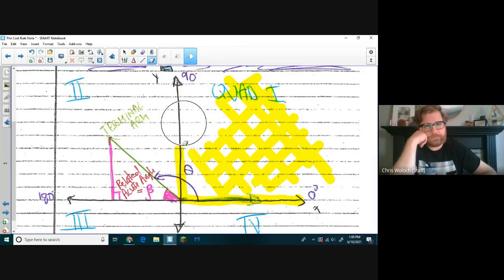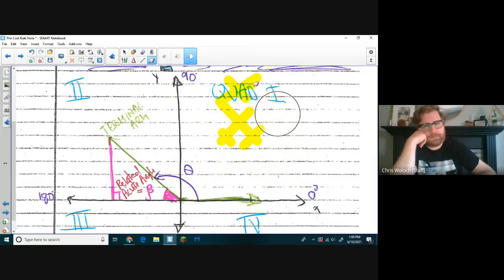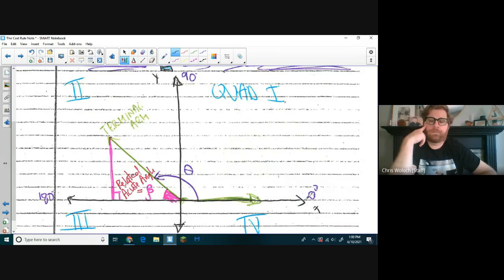So if you look at the diagram, the quadrant between 0 and 90 we call quadrant 1. So here, again, I have my vertex, I have my initial arm, and then I have now my terminal arm here.